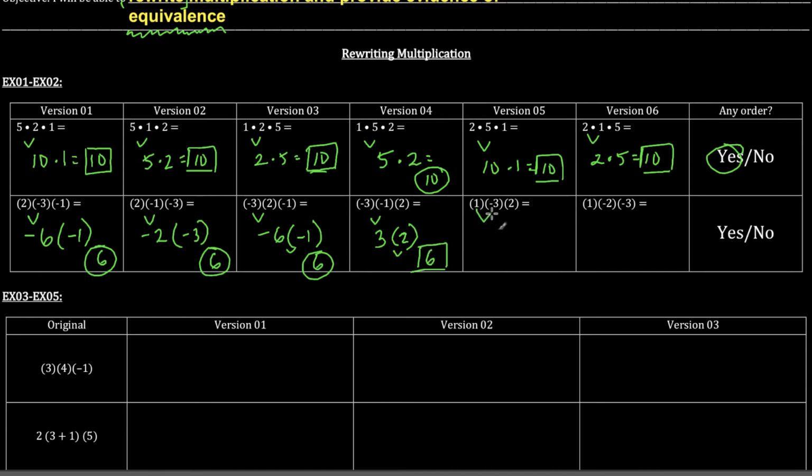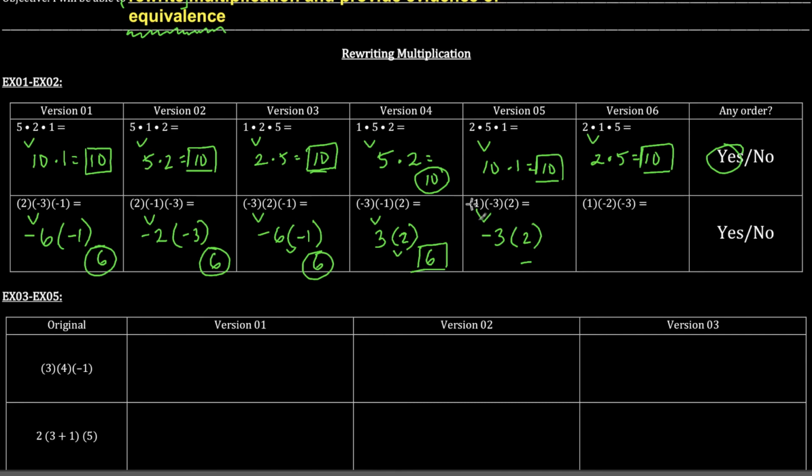And a positive times a negative. A positive times a negative is a negative. 1 times 3 is 3. Negative 3 times 2. So a negative times a positive is a negative. 3 times 2 is... I think I did something wrong here. So 2 is positive, 3 is negative, 1 is negative.